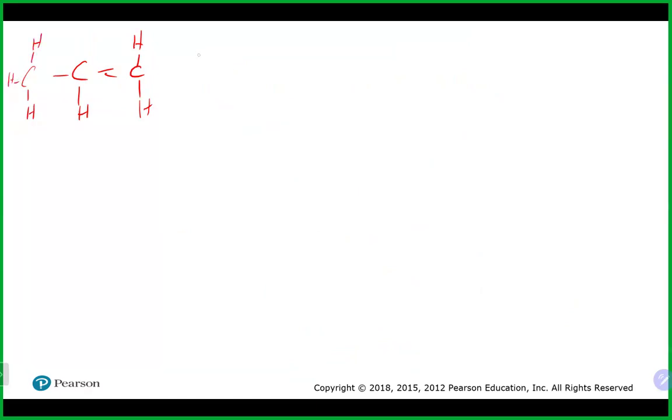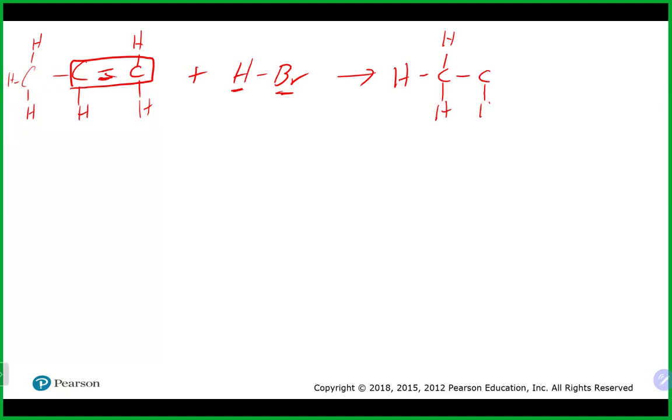So if we did something like this and we added, let's just do HBr, we're going to add H and we're going to add Br. Once again, it's all going to occur right here at the double bond, and that is really the only thing you should change. So I would highly recommend you just copy what's there, and you'll have pretty much 99% of the structure you need to draw.